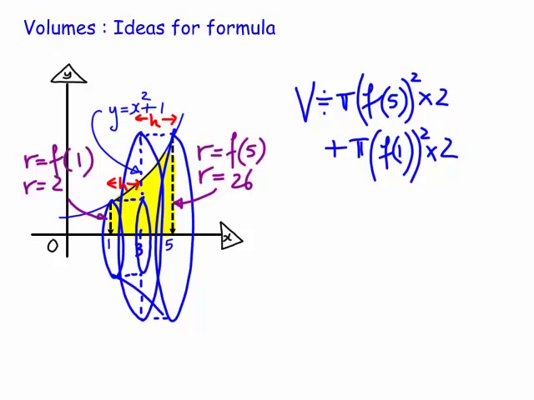Hopefully we can see that we could take a pi out, leaving the functional values squared times height. What we normally would do is change that height to a delta x, a change in x value. So these are delta x values.